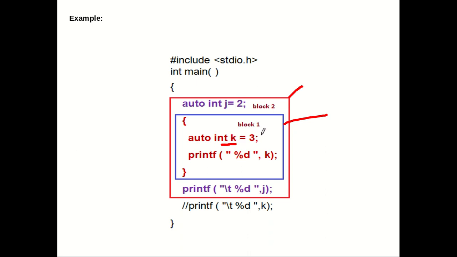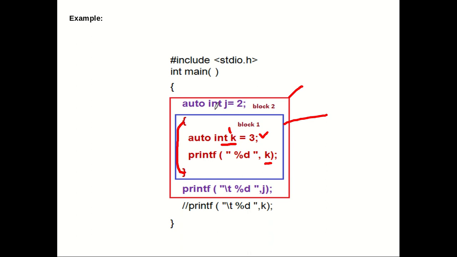It is initialized with the value 3, and we are accessing the value of this variable. This variable is valid inside this particular block, so you can access it any number of times, or use this variable to perform some operation.